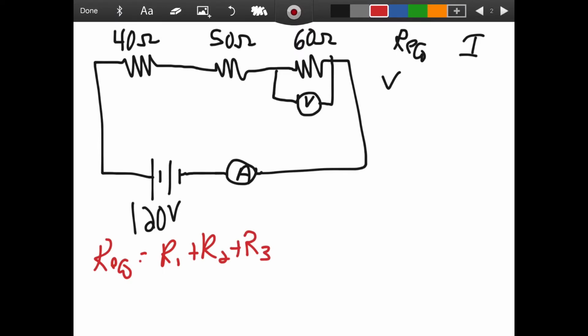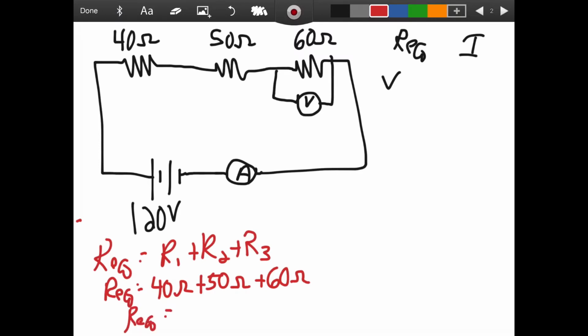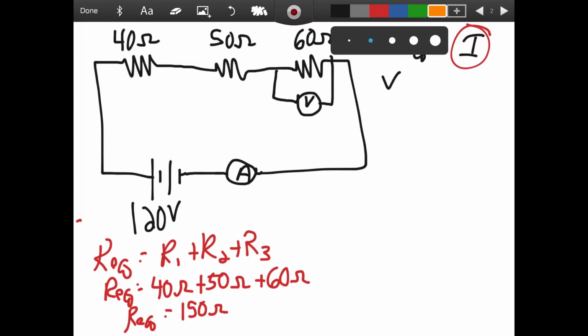And now we just simply plug in our values. So our equivalent resistance is 150 ohms. Now this is important because I cannot find the current until I have the equivalent resistance for a series circuit.